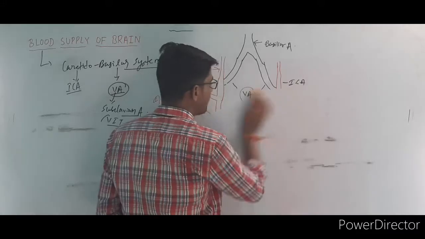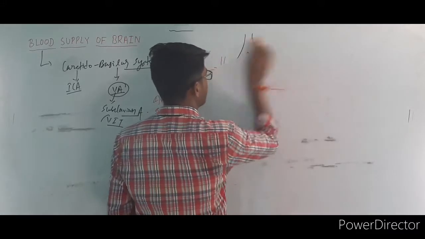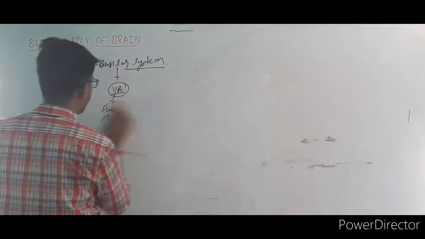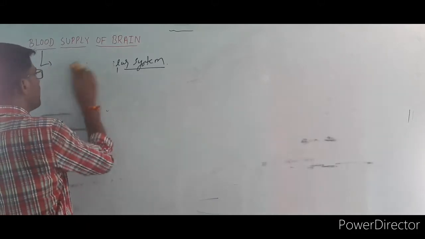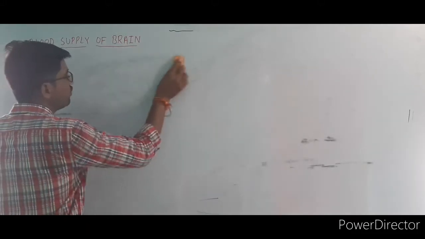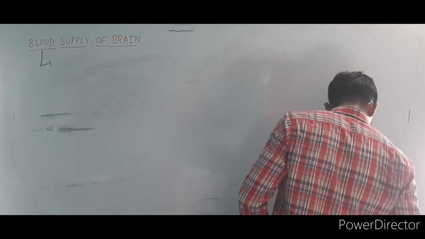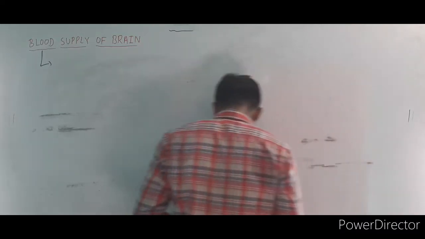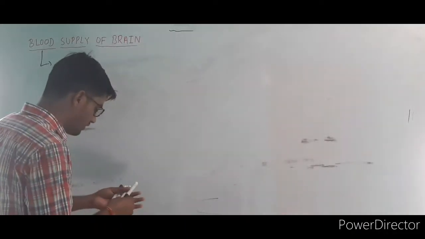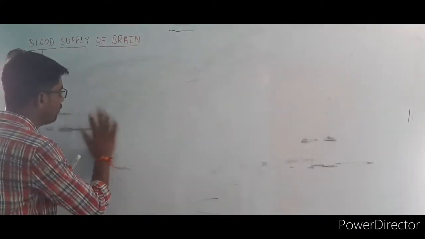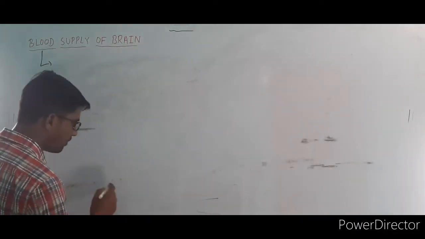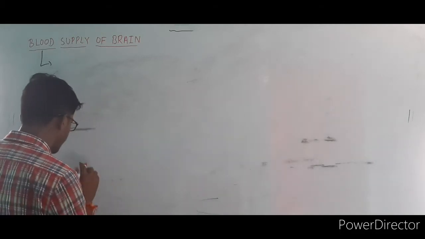Now, I want to start with the posterior system, right? So in the posterior system, what do we have to discuss? Actually, we have to discuss these things. See here, two vertebral arteries. Okay, no problem. I think it's visible here.